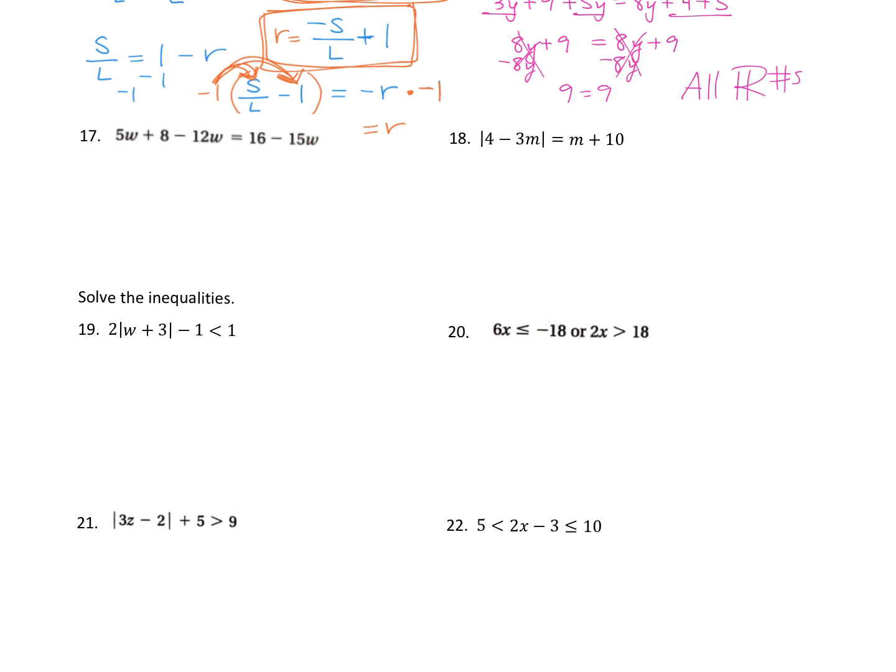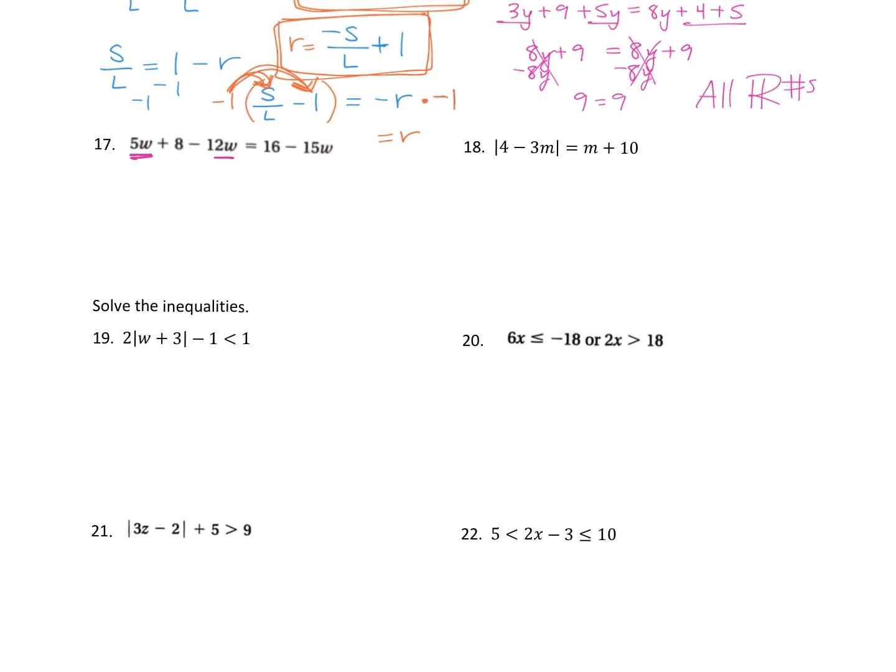Okay, here we go. This one, again, combine like terms first. So 5w minus 12w, they're on the same side of the equal sign, so 5w minus 12w is negative 7w. And then you have 16 minus 15w. Now you have options here. What would you do?